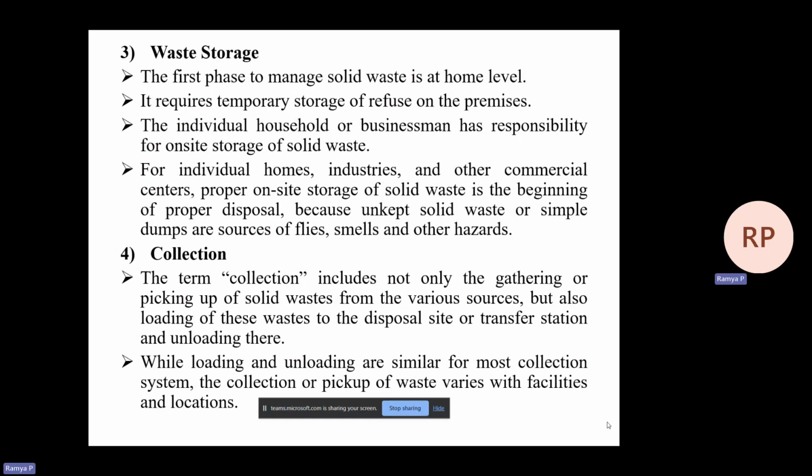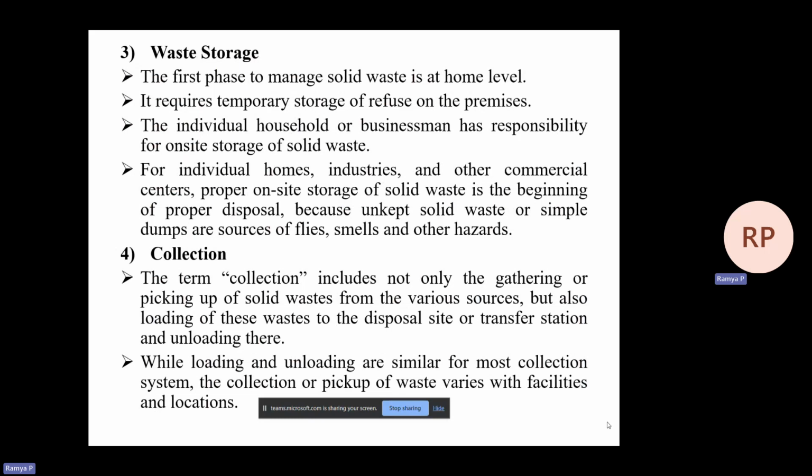If air and sunlight fall on that particular waste, the decomposition will be much faster. Hence we should always take care, because once decomposition takes place, there will be a source of flies, smell and other hazardous conditions also. So we always think about the waste storage.